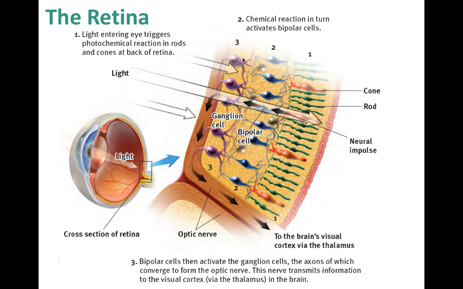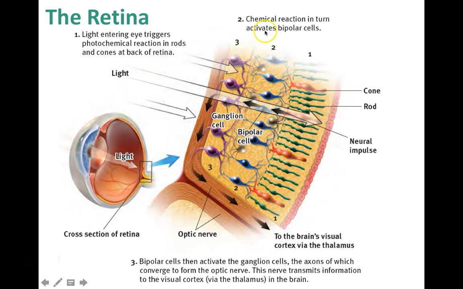The axons of those neurons basically converge to form the optic nerve, a bundle of axons coming from the ganglia in the eye. This nerve transmits information to the visual cortex via the thalamus in the brain.